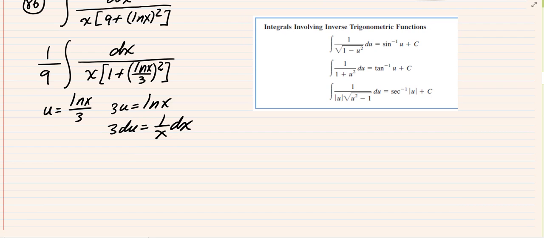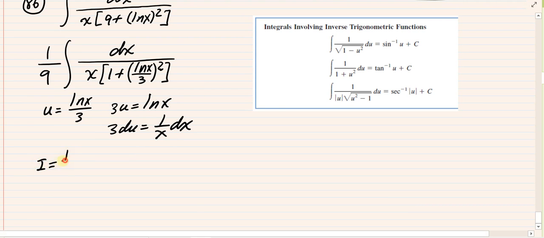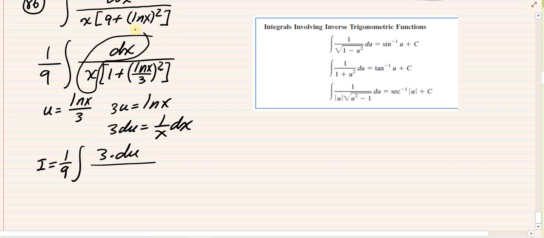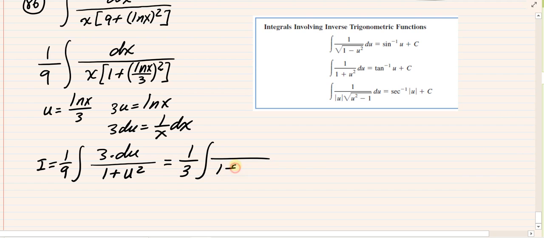All right, so we can rewrite the integral as that of 1/9. Now 1 over x dx is 3 du, that replaces this portion, and in the denominator, I'm going to have 1 plus u squared. That's the form we wanted. The 3 in the numerator and the 9 in the denominator make it 1/3 of the integral of 1 over 1 plus u squared du. That's precisely what the middle integral is.